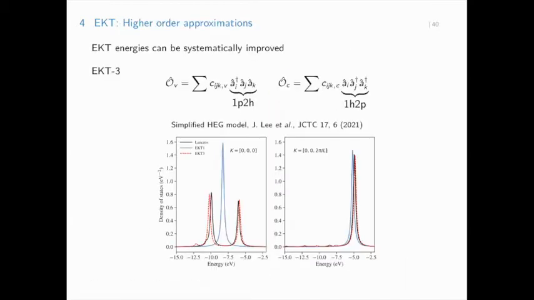Yes, it's clear. In fact, I have a slide for this. The next level of theory of the EKT is the so-called EKT3. In the ansatz, you are considering one particle 2 hole and 1 hole 2 particle. When you use this ansatz and derive all the EKT3 equations, what you see is that you can obtain the quasi-particle, but also some additional energies, which are supposed to be the satellites.